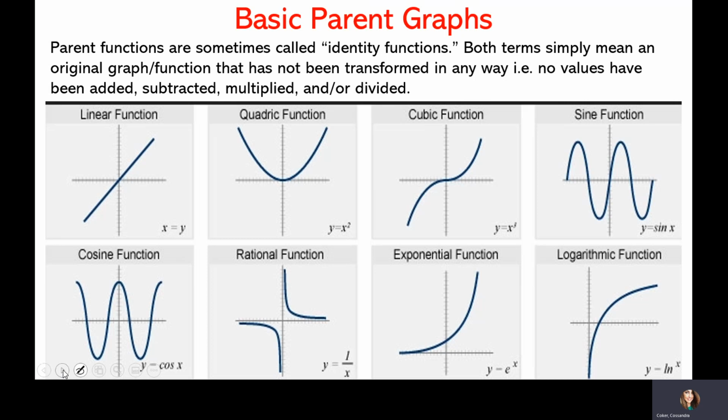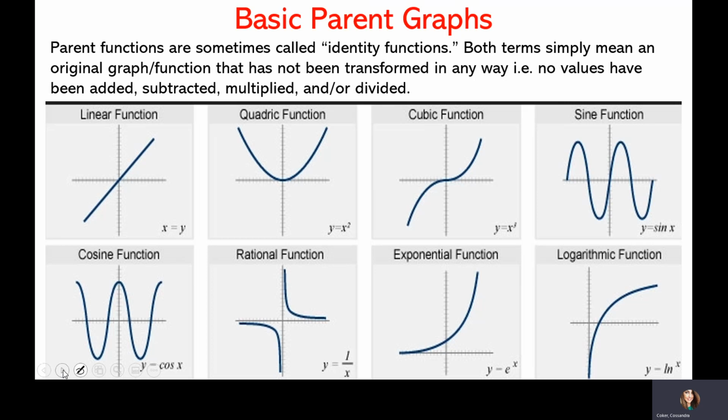Cosine, sine function, rational function, we get to rational functions in chapter 2. I discussed exponential, logarithmic, chapter 3. In these functions, you see no value added or subtracted to x, which would create a left or right translation or slide. You see no value multiplied or a fraction multiplied, which would also indicate division, to x either. And that would create, of course, your reflections.